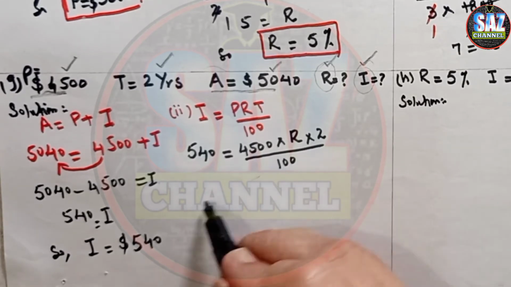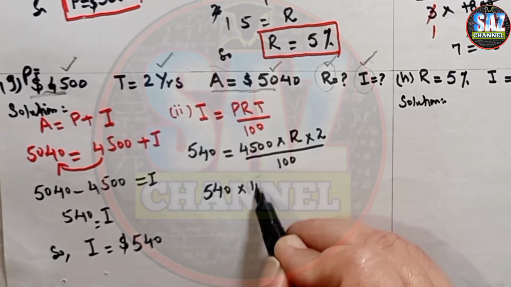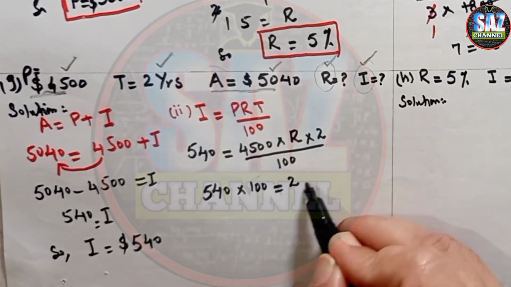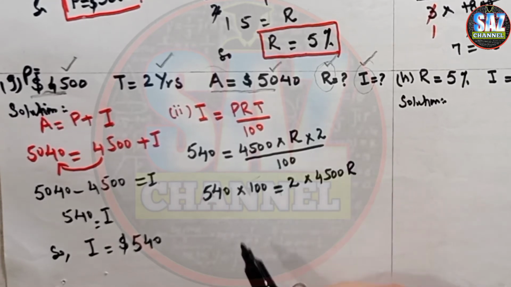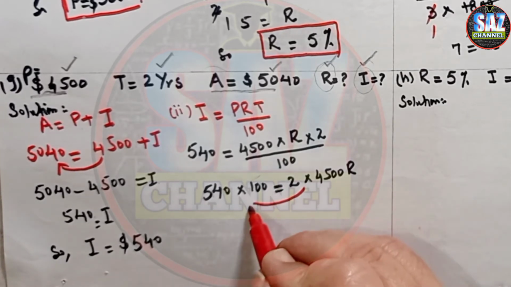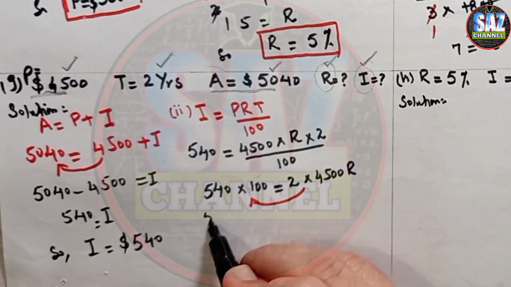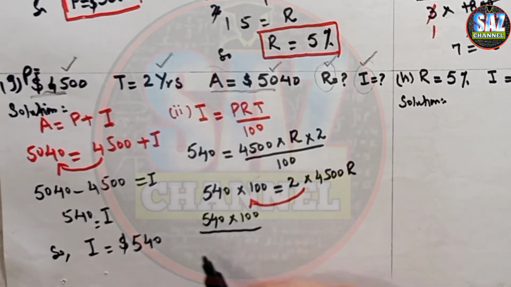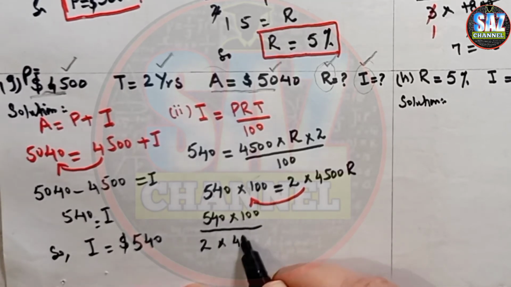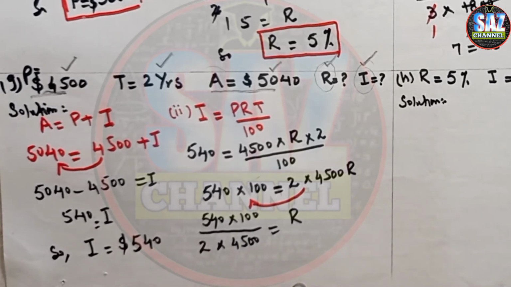Now shift this 100 to the other side: 540 multiplied by 100 equals 2 multiplied by 4500 multiplied by R. Now shift 2 multiplied by 4500 to the other side to get the value of R. So the equation takes the form 540 multiplied by 100 upon 2 multiplied by 4500 equals R.